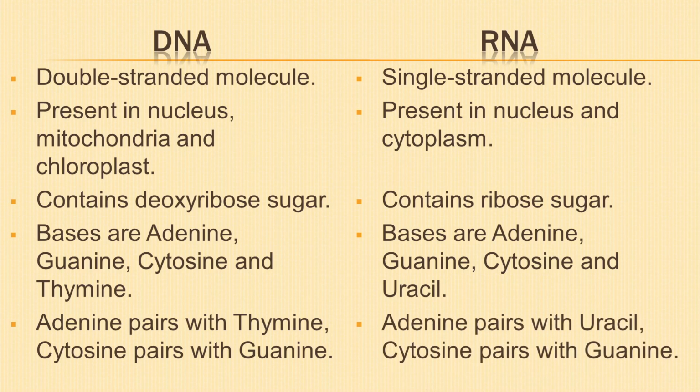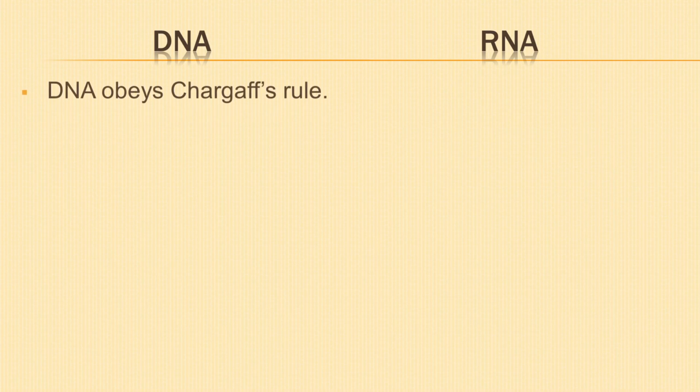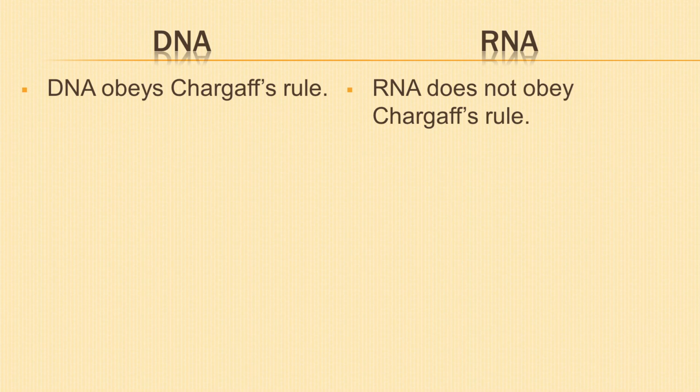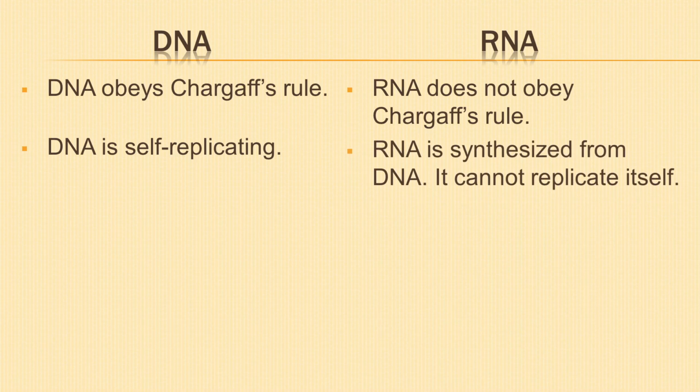In RNA, adenine pairs with uracil and cytosine pairs with guanine. DNA obeys Chargaff's rule. RNA does not obey Chargaff's rule. DNA is self-replicating. RNA is synthesized from DNA. It cannot replicate itself.